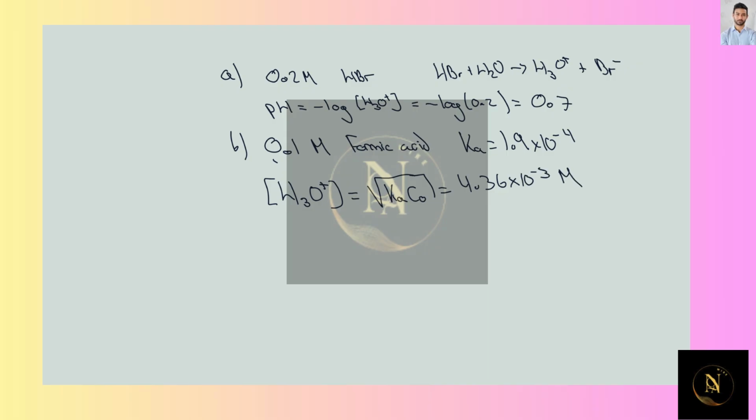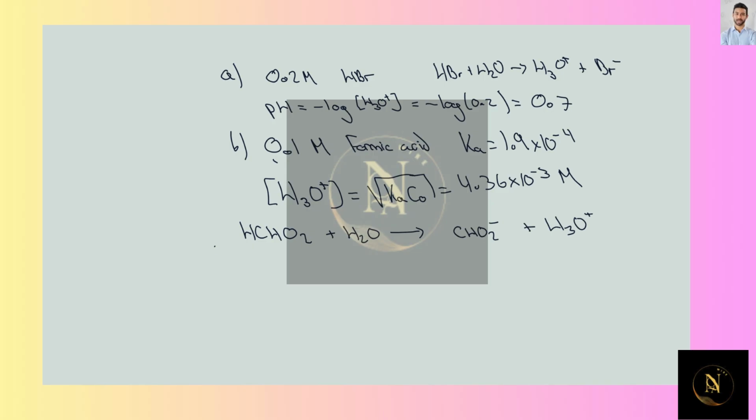Now, how can I relate this to the value of alpha? Well, we can look at our reaction. In this case, we have formic acid, HCHO2. When it comes into contact with water, it generates the formate ion, that is CHO2 minus plus H3O+.